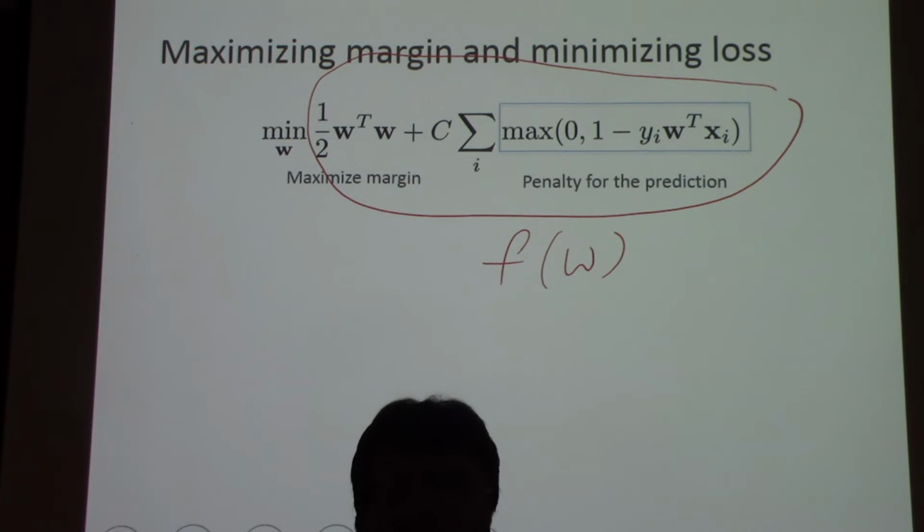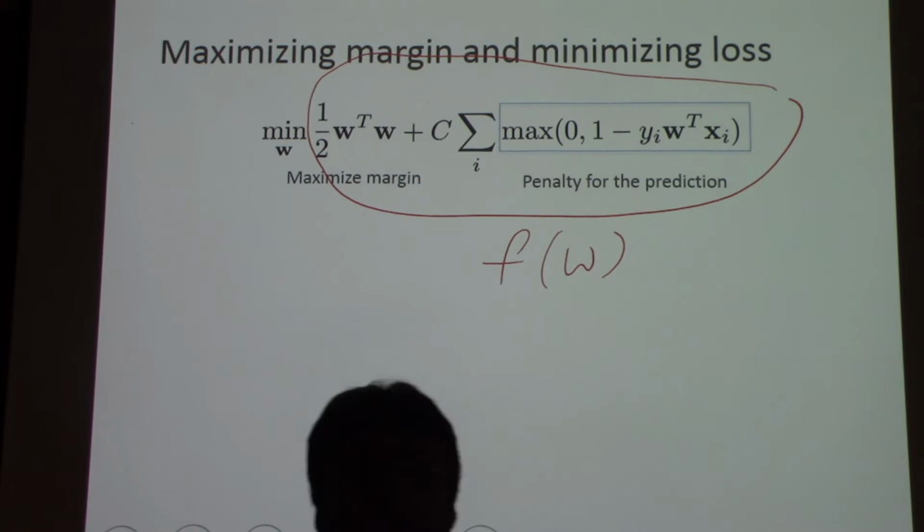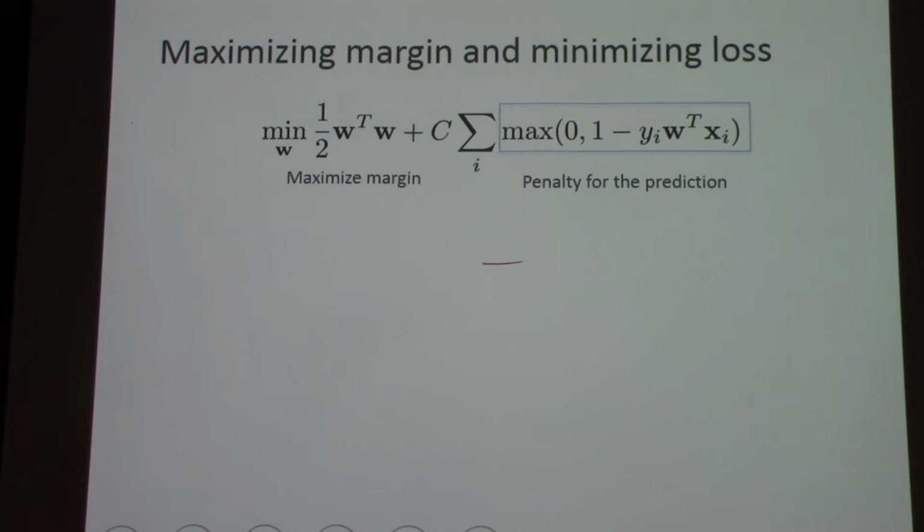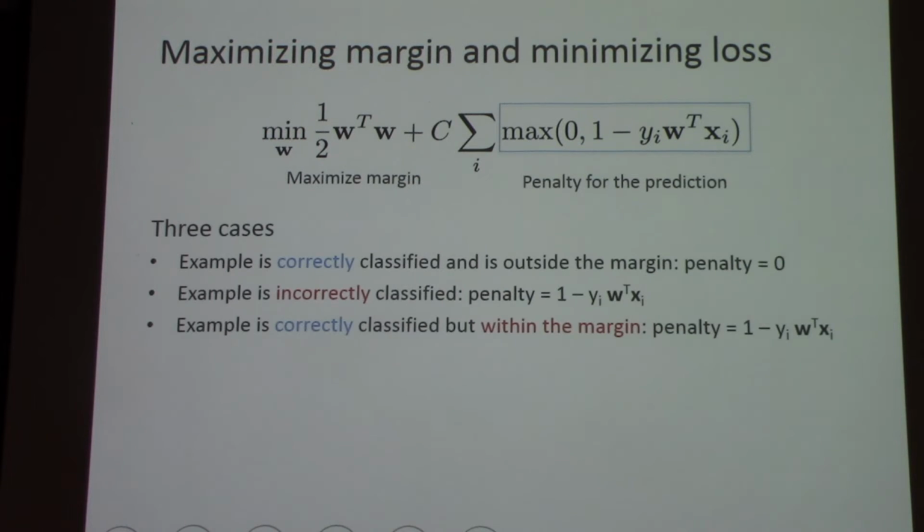Try another weight, remember the value. Exhaust the set of infinity, and then you will have your answer. Of course, we'll look at more intelligent algorithms for this, but the way to interpret this objective is that the second term is simply penalizing misclassification, penalizing weights that misclassify more training examples.